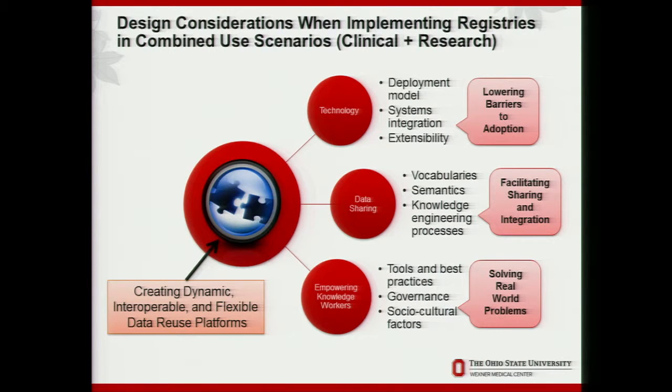We don't have infinite resources to throw at these problems. We don't have infinite time, so we need to figure out how we use the technologies that we might already have at the clinical endpoint and combine that with research-specific data management tools so that we can achieve some level of efficiency. This is about lowering barriers to adoption. If we had to build everything like it was brand new and we ignored all the technologies we had, it would be far too costly and far too difficult to put a registry into place.